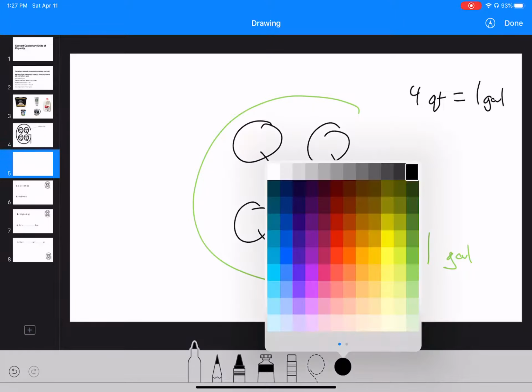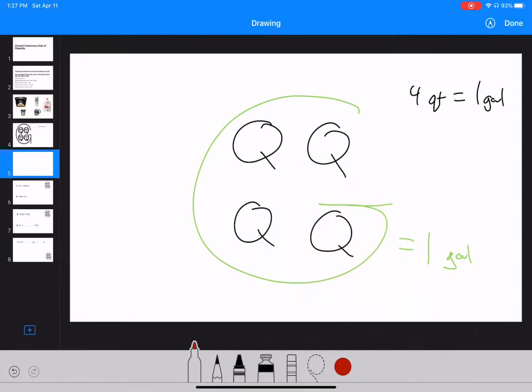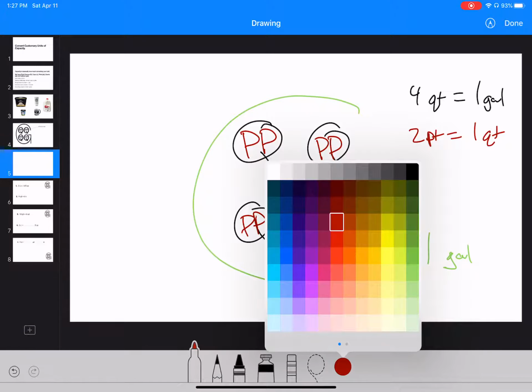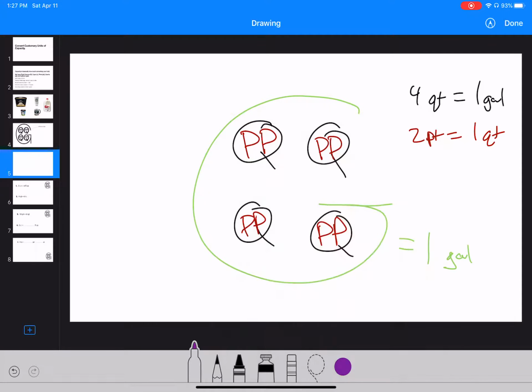Inside of each quart, we have 2 pints. So therefore, there's 2 pints in 1 quart. And then inside of each pint, we have 2 cups.